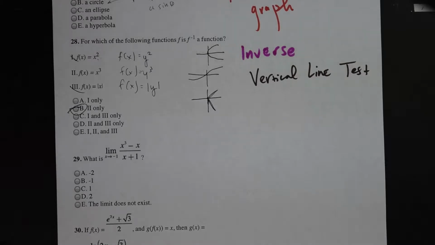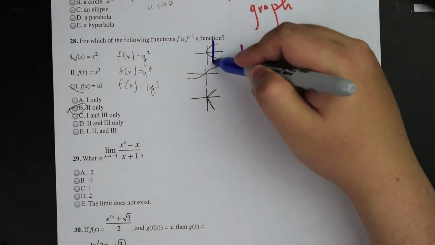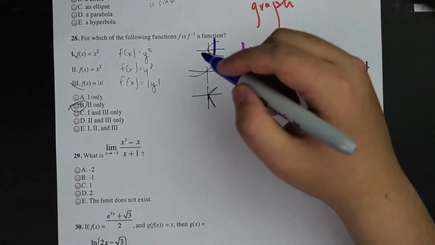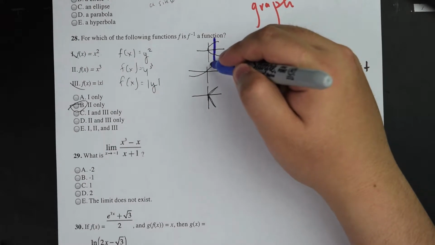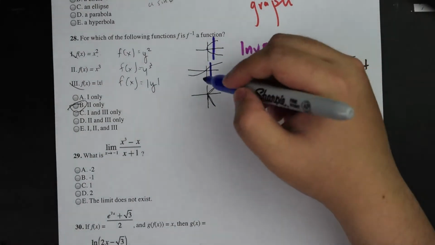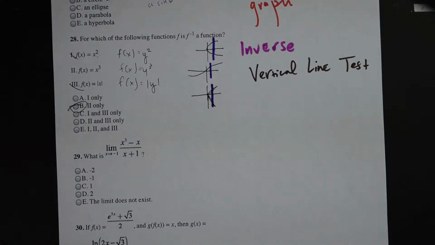So for y squared, if I draw it down, it's going to hit it twice, thus this is not a function. For the second choice, when I draw the vertical line test down, it only hits 1 point, thus it is a function. For the third one, it hits two points, thus number 3 does not work, and that's how I got the answer of B.